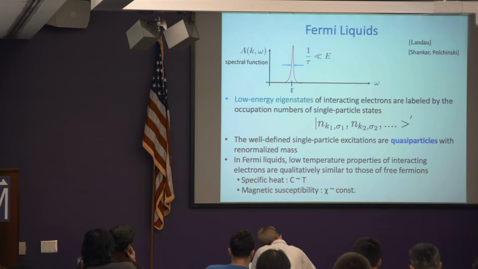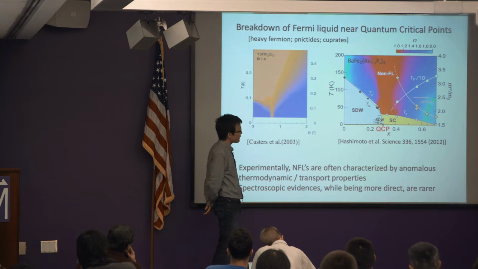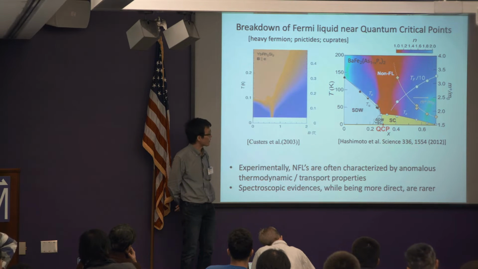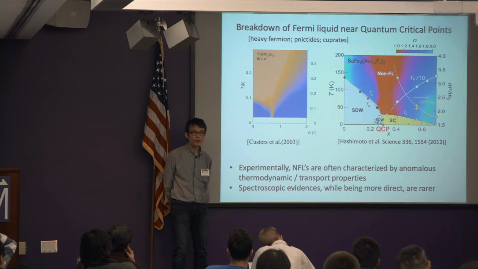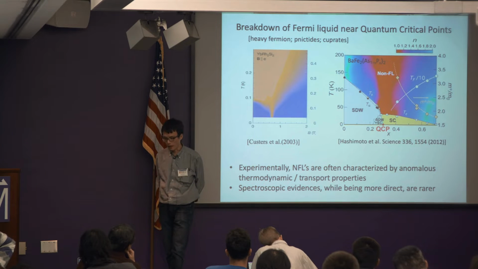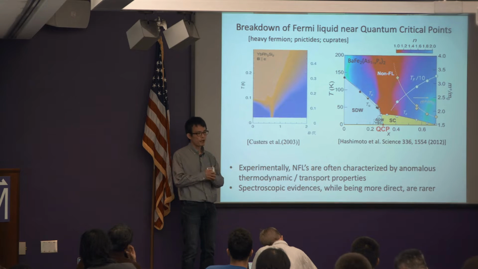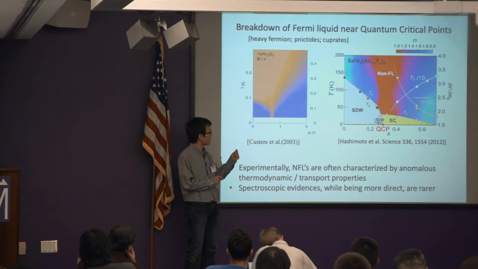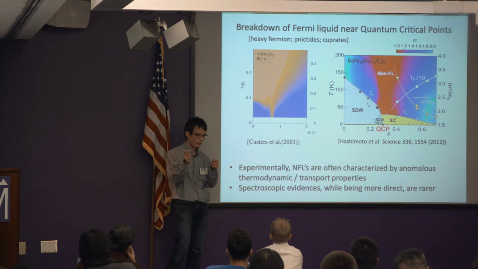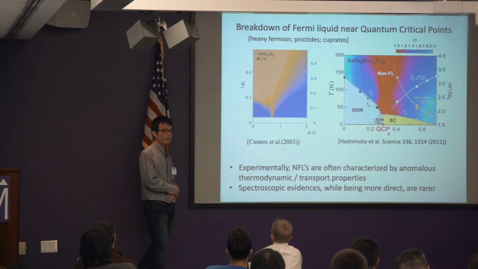Now, this so-called quasi-particle picture breaks down in different ways, and we heard one way in the morning from Liang. And here I will be talking about non-Fermi liquids that arise near quantum phase transitions. There are different materials, but the basic idea is that if you tune some parameter of the Hamiltonian, it can be doping or pressure or magnetic field, a non-thermal parameter, at 0 temperature, then your ground state may undergo a quantum phase transition.